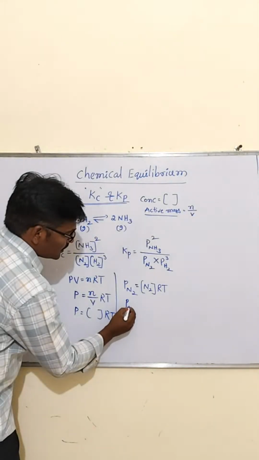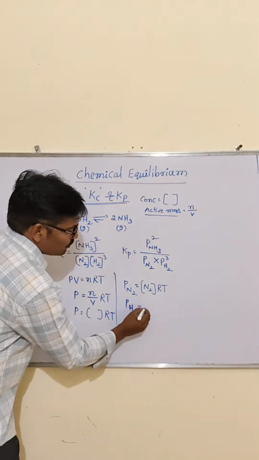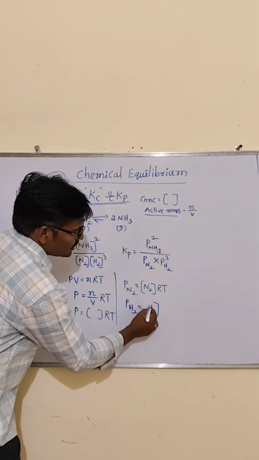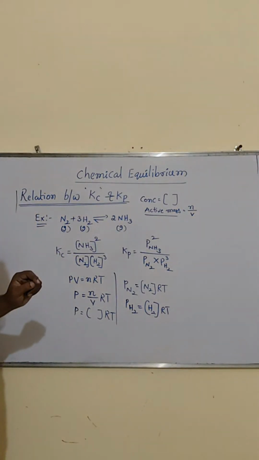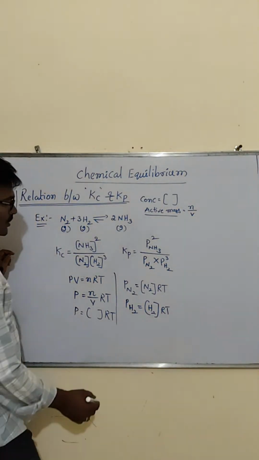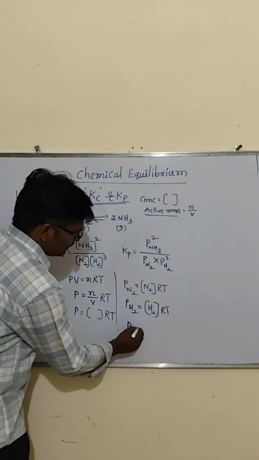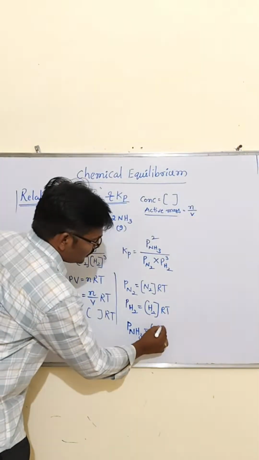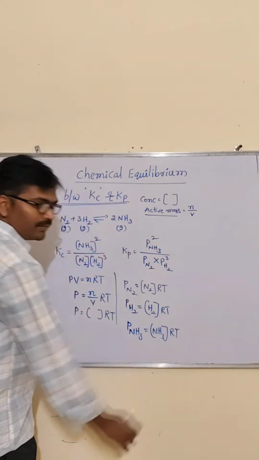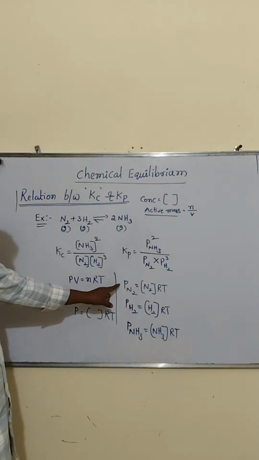Then the partial pressure of hydrogen equals the concentration of H2 into RT. Next, the partial pressure of ammonia is NH3 concentration into RT. Okay, understand, my dear students? So these are the partial pressures we have taken.